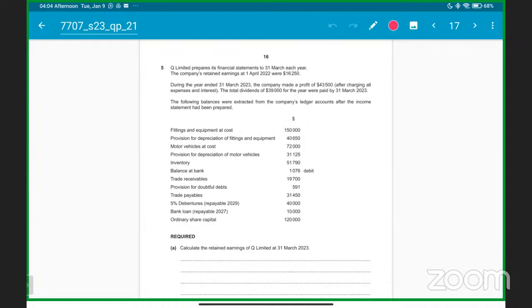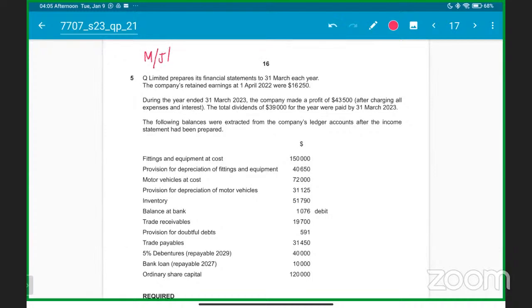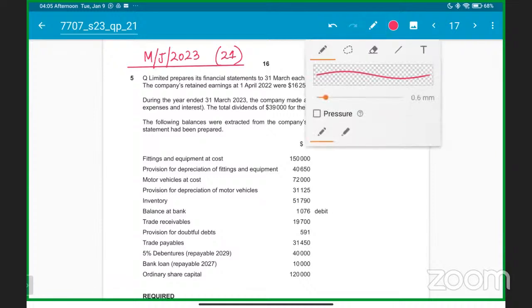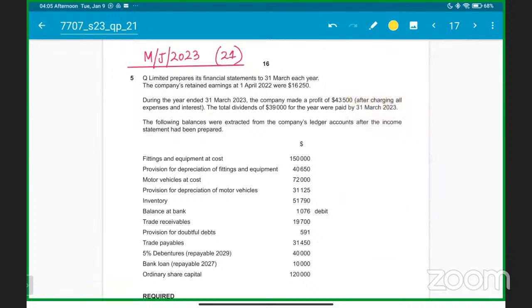Students, this question is from May/June 2023, paper 2, variant 1. It's one of the recent papers, so make sure you follow carefully. A lot of theory and numerics will be tested in this.